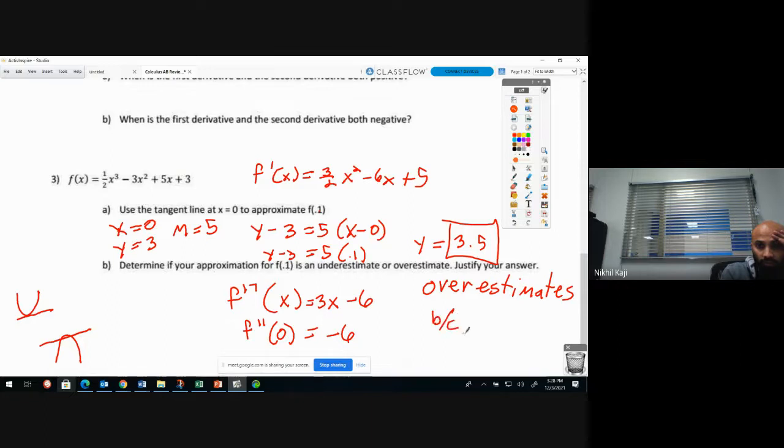We could say that would be good enough, negative is what they're looking for. So this represents that this is concave down. How do we know this is concave down? Because of this, and we justified it here. So there you have it.